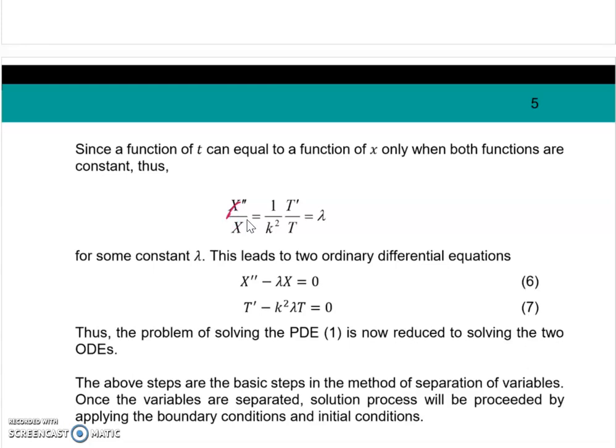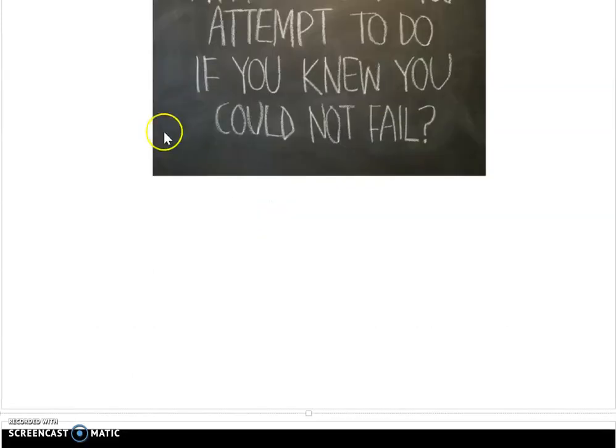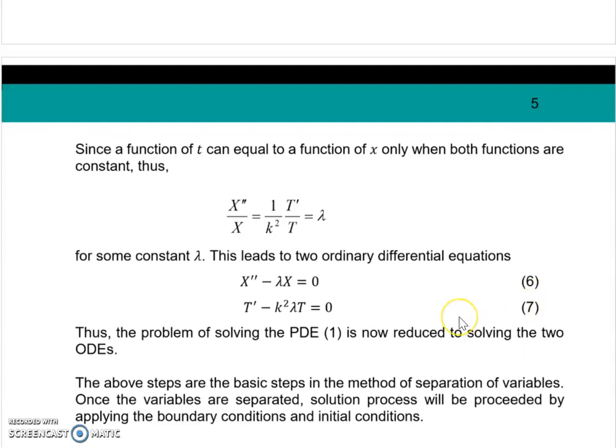So we can see that equations 6 and 7 now are ODEs. Initially, we have the PDE. By separating the variables, we come out with equations 6 and 7, which are ordinary differential equations.